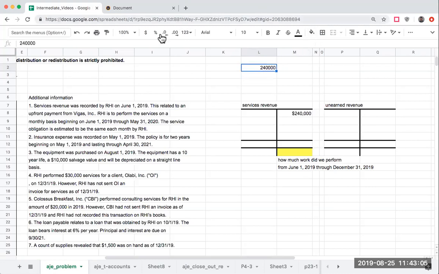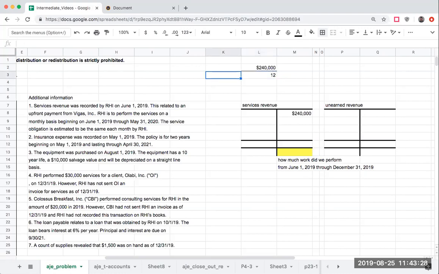$240,000. And when we look at this upfront payment that we received, it was for how many months? Well, it tells us right here that it was basically for June, July, August, September, October, November, December, January, February, March, April, May. It was essentially done for 12 months.